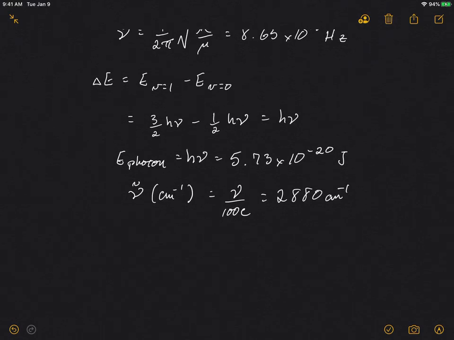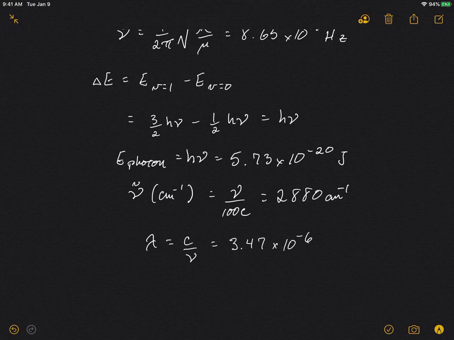And in terms of wavelength, lambda is c over frequency, and we get 3.47 times 10 to the minus 6 meters, so 3.47 microns. And that's, again, in the infrared spectrum.